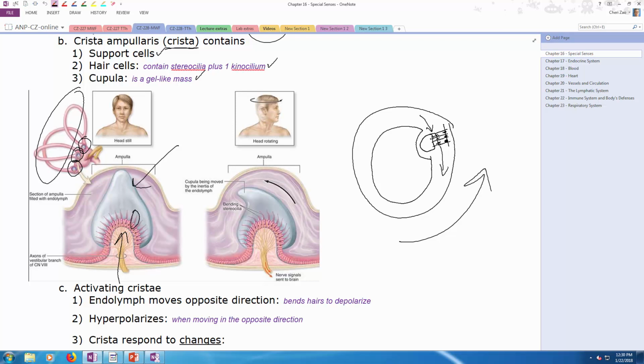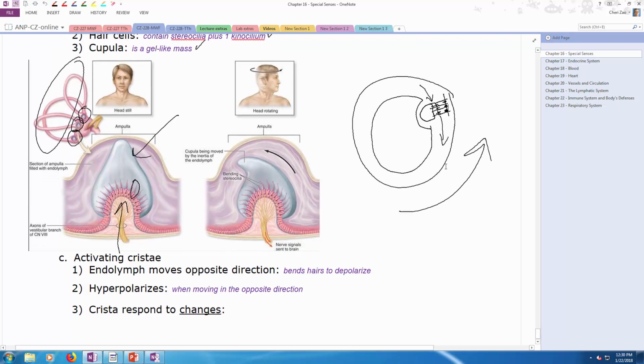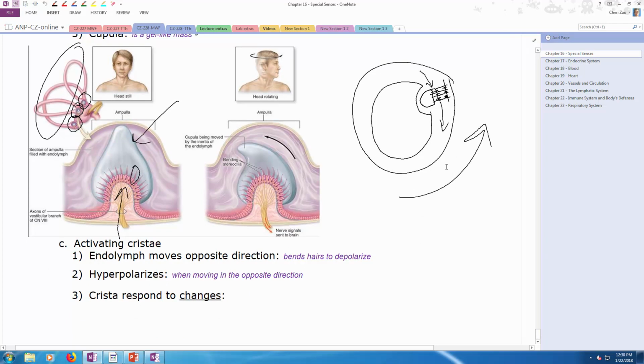Very similar to the macula, correct? Except we don't need as much drag here in this area. So our notes talk about activating the cristae. Endolymph moves in the opposite direction that you are moving in. And this will cause a depolarization.